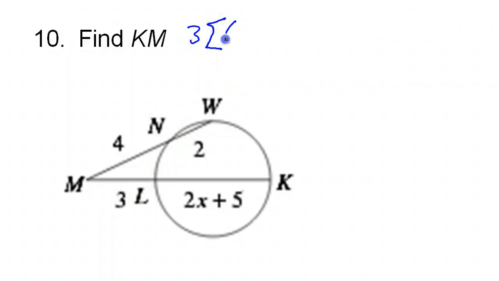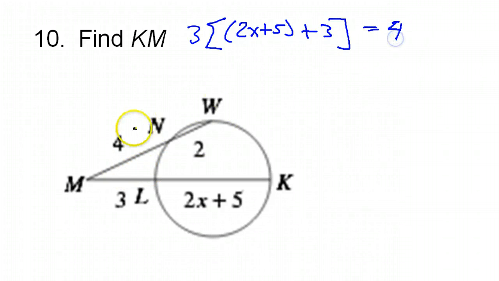Now the whole is 2x plus 5 plus 3, the sum of the 2x plus 5 and the 3. And that should equal the part times whole over here. The 4 is the part, and the whole is 6, 4 plus 2.